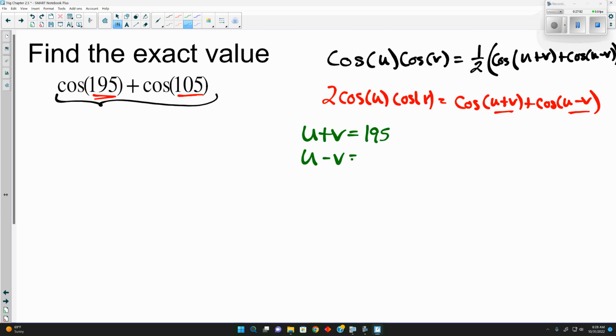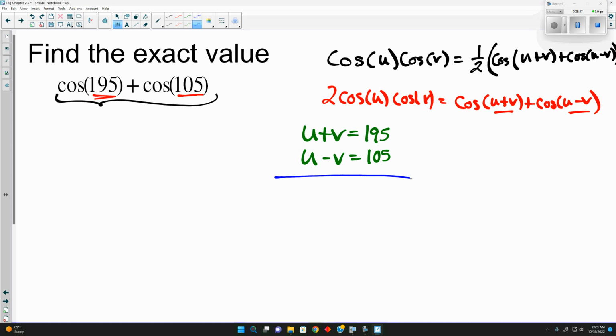U minus V is equal to 105. So we have two equations, we have a system, and we need to solve. Now there's multiple ways we can do this. One of them is using matrices, because we could type it in as a matrix as 1, 1, 195, the second row 1, -1, 105. Use our RREF, reduced row echelon form, to get there.